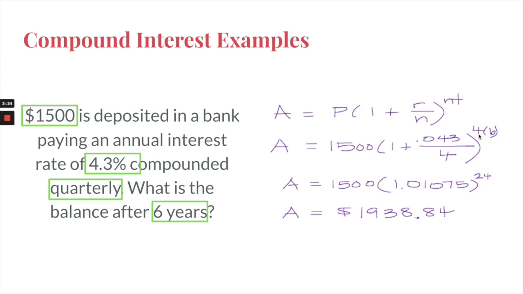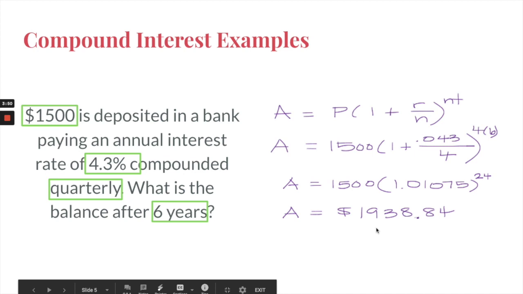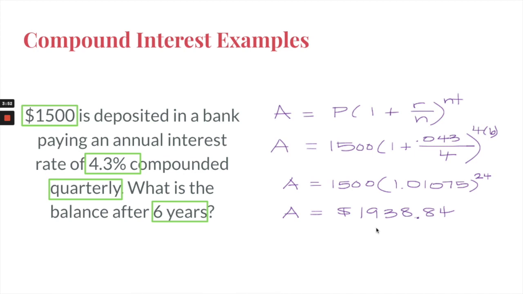So 4 times per year for 6 years, which is t, results in this exponent of 24. So we take and raise that interest rate to 24, multiply it by the original deposit of $1,500. So after 6 years, I would have an account balance of $1,938.84.